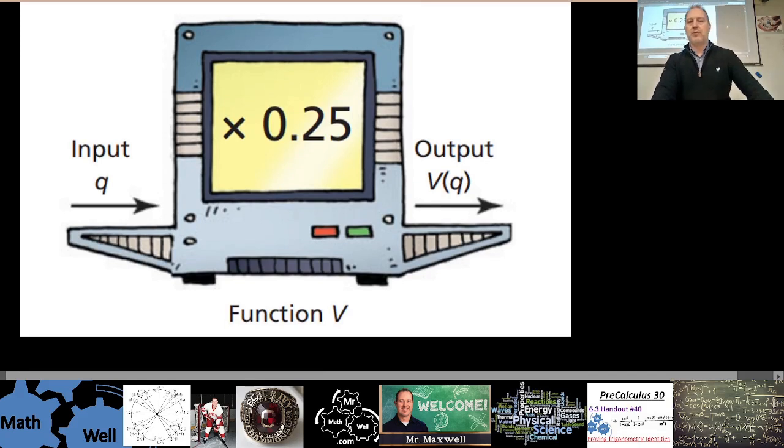Kind of neat from your textbook as well, you can think about a function as a machine. And this is really, really helpful. If you input a value, in this case let's say it's q, and the function, the mathematical description, would be like a machine there. If you put in one value, the machine will spit out one value only.